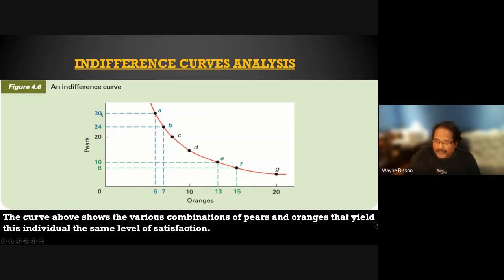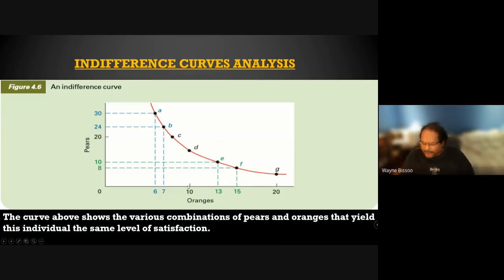So that means having 30 pears and 6 oranges for this consumer is the same as if they had 10 pears and 13 oranges. Now, this is individual. So it means that this is for this individual, whichever individual this is. Let's say this is Ollie's indifference curve between pears and oranges.